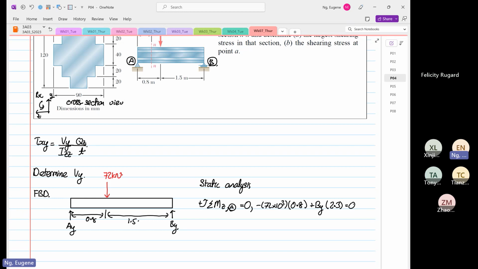The whole thing is equal to 0. So we can determine BY is equal to 72 times 10 to the power 3 times 0.8 divided by 2.3. So it's equal to 25.043 times 10 to the power 3 Newton.